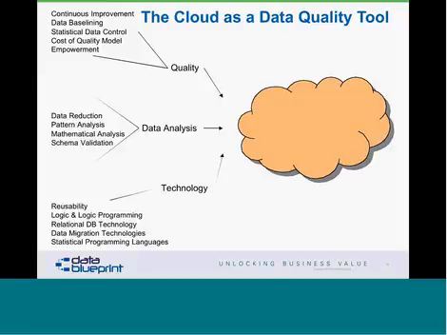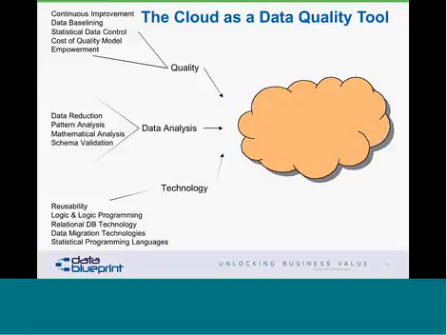So again, as we look at data, the cloud as an integration tool, we should also look to it and say that the data in the cloud is of known as opposed to unknown qualities. This means we can apply things like continuous improvement, baselining, statistical control, quality cost models, and most importantly, empowerment of things that go out there. It means that we can reduce the data.